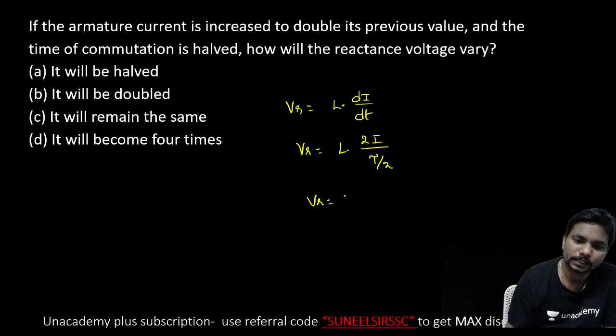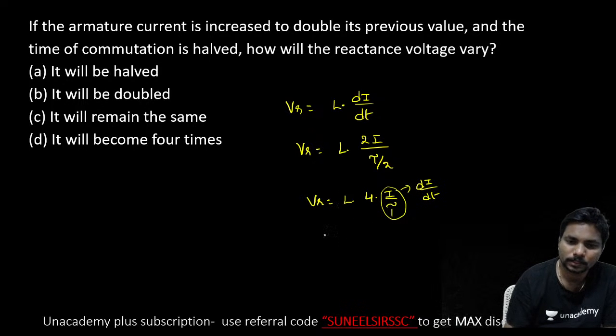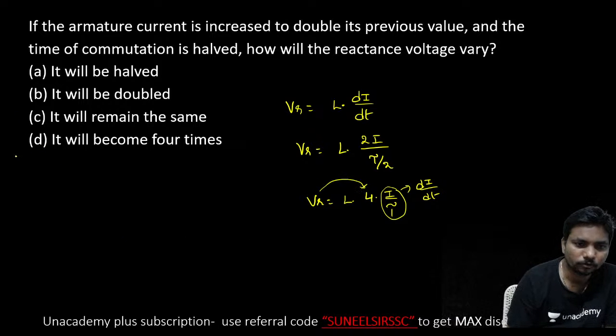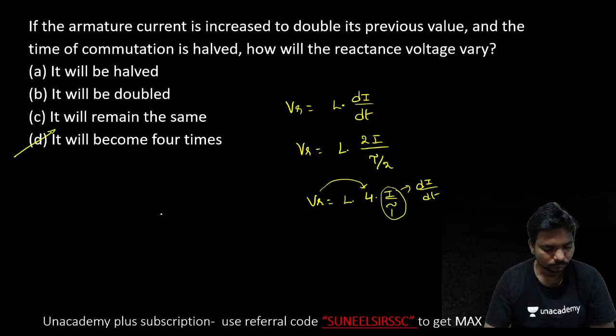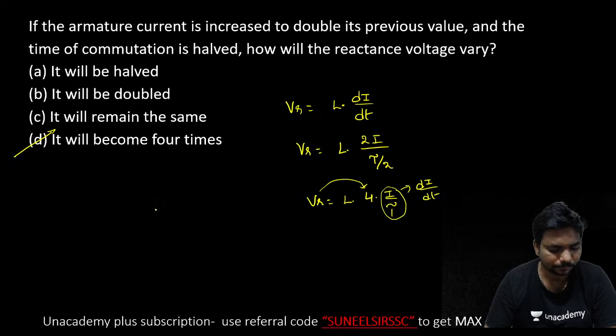Then what you will get, 4 into I by tau. So I by tau is nothing but you can make it as di by dt. So that is nothing but VR is 4 times. Reactance voltage will be 4 times. So the answer is option D.